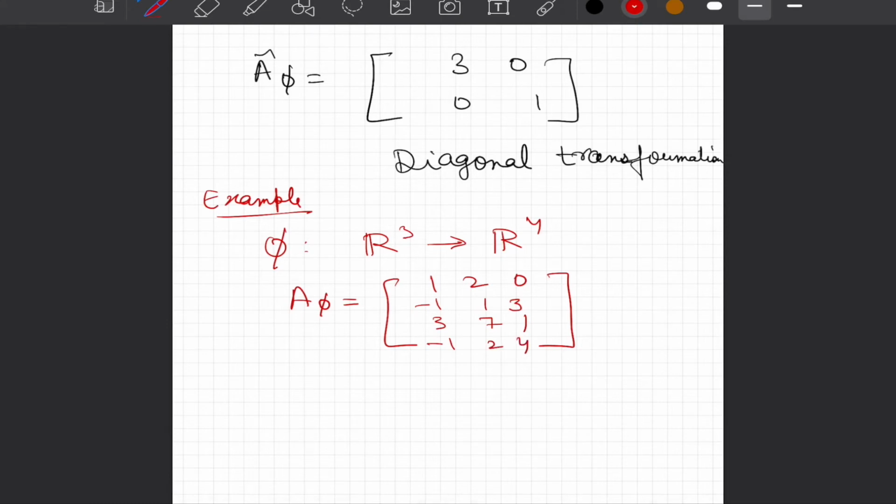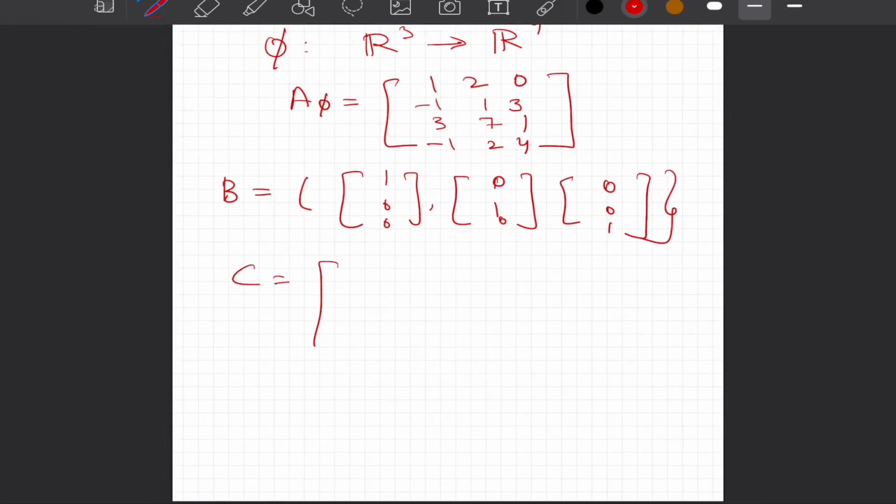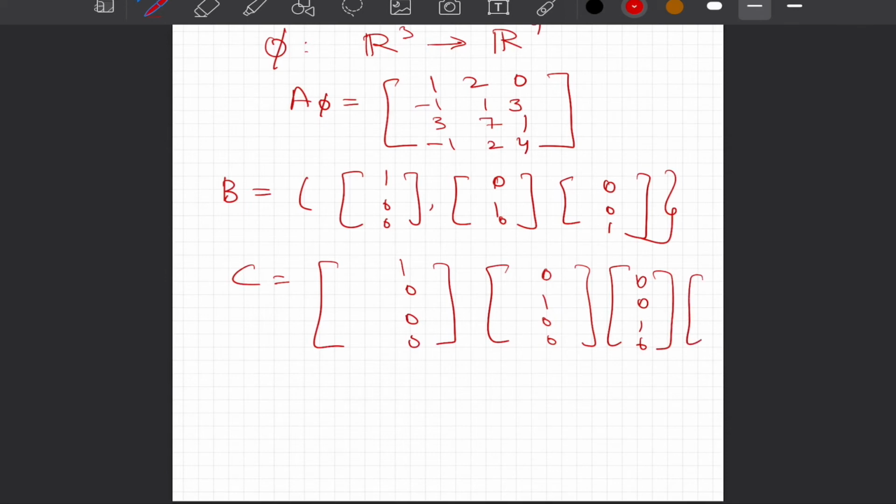Of course, since this is R3 to R4, B is represented by (1 0 0), (0 1 0) and (0 0 1), whereas C is represented by (1 0 0 0), (0 1 0 0), (0 0 1 0) and (0 0 0 1).